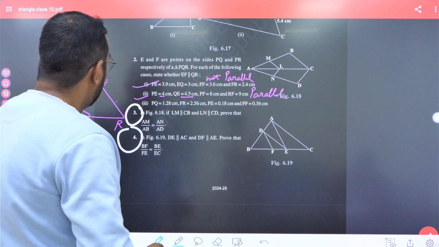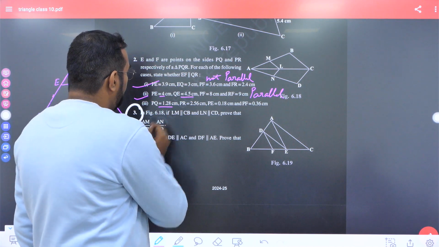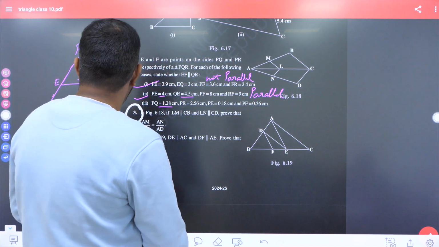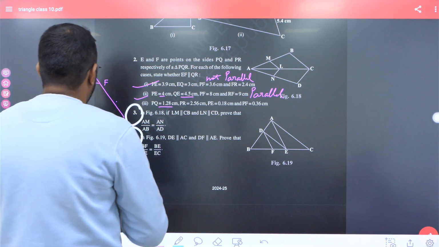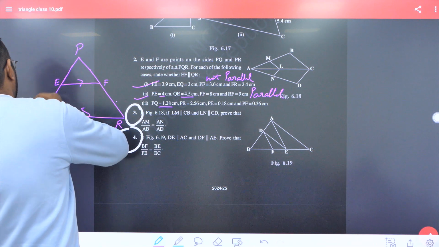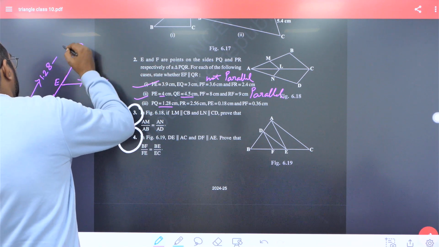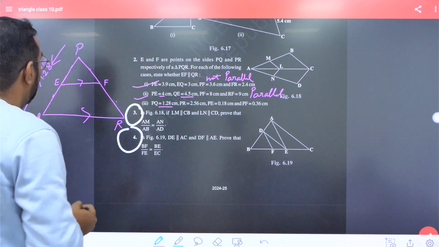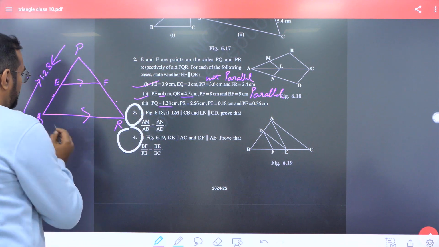Okay, let's move to the third part of question 2. PQ, sorry, PQ means this whole, 1.28. And PR is 2.56.